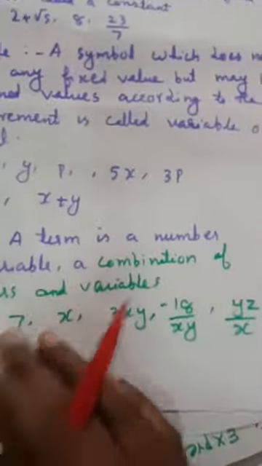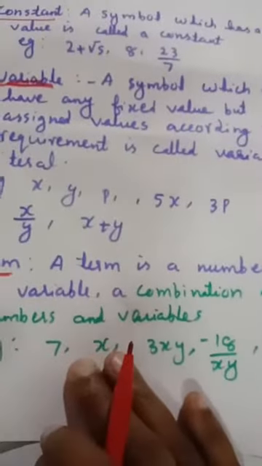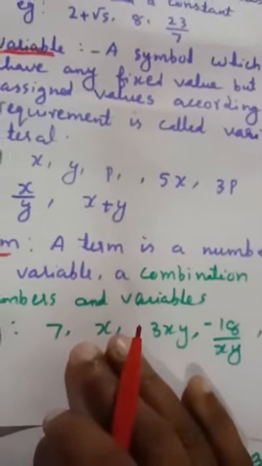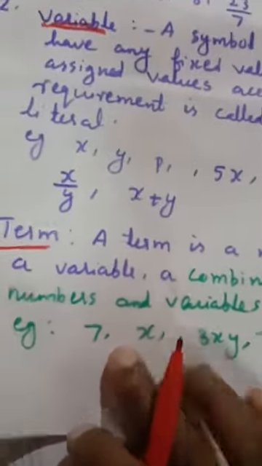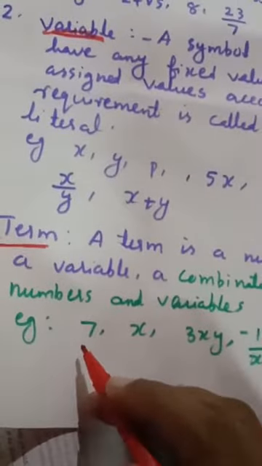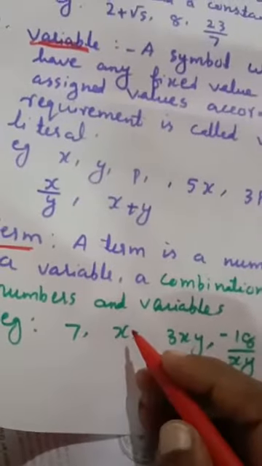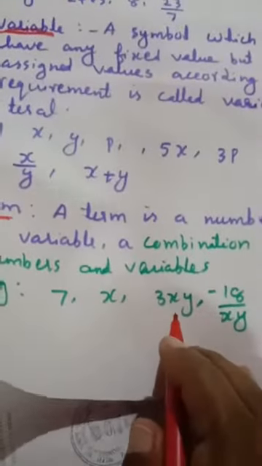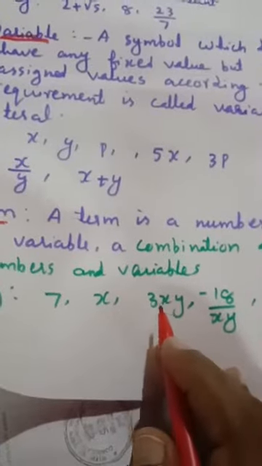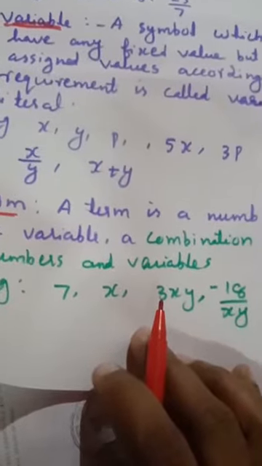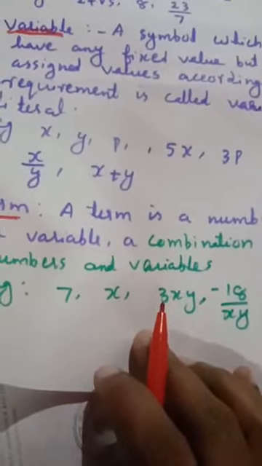For example, 7 is a term because it is a constant. x is also called a term because it is a variable. 3xy, that is 3x into y, is a term because it contains a constant and a variable.